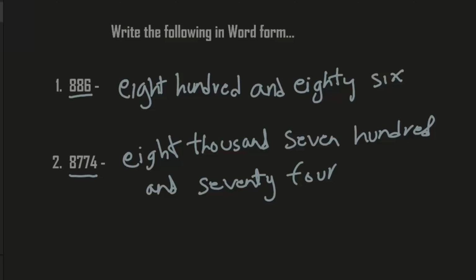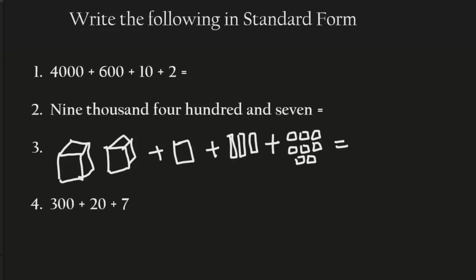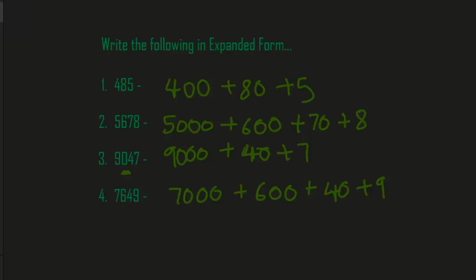Now that we're done learning these, let's try out a few problems by ourselves. So let's write these in standard form. 4,000 plus 600 plus 10 plus 2. Now let's take a look at our expanded form questions.